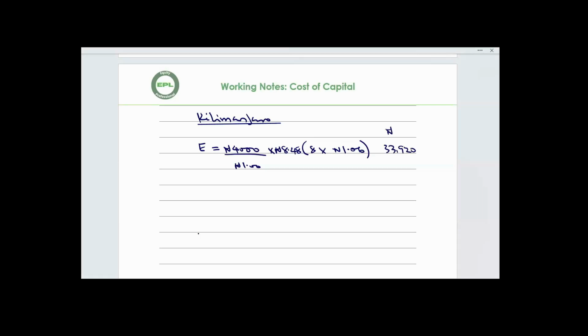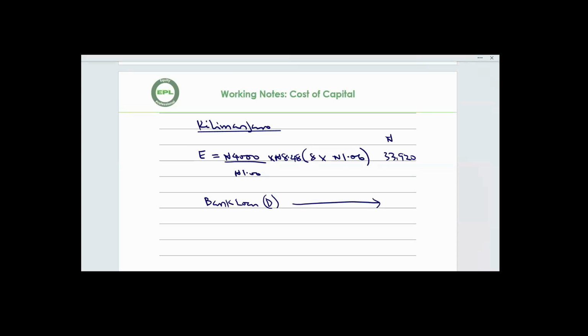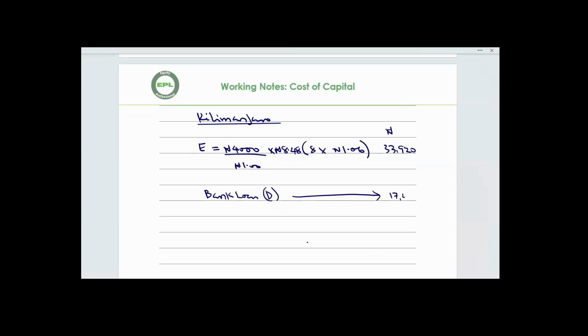33,920. Then the bank loan, the debts. The bank loan of Kilimanjaro, according to the question, is 17,400. All right. So that's that.